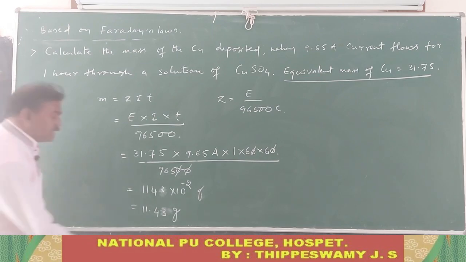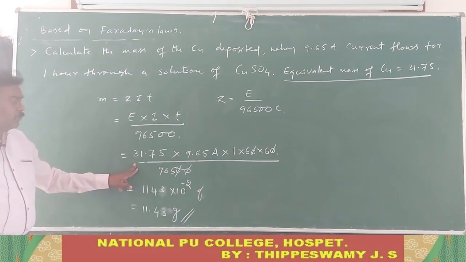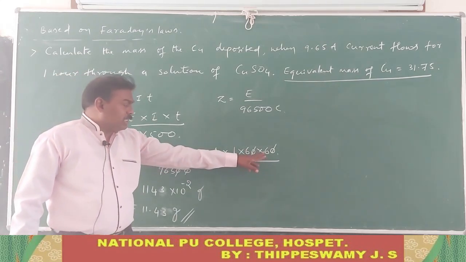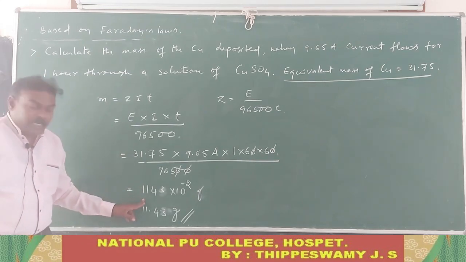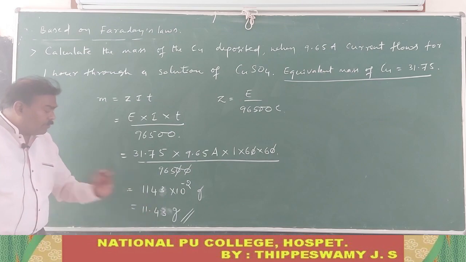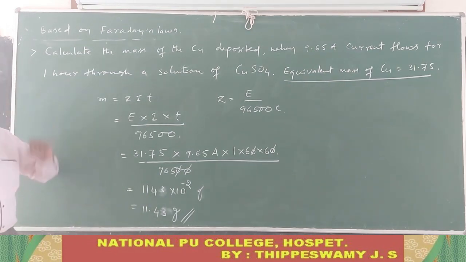So this is our final answer. Following all of you? 31.75 into 9.65 into 1 into 60 into 60 whole divided by 96,500 gives 11.43 grams. This is one of the numericals based on Faraday's first law.